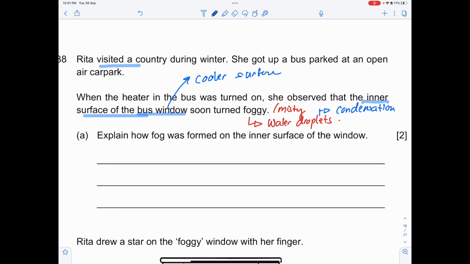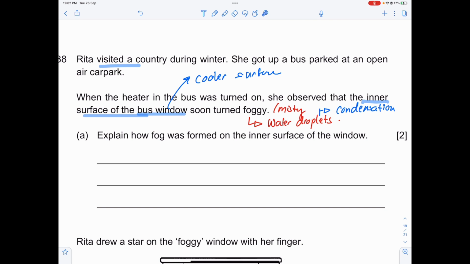The warmer water vapor cannot be on the outside, because it needs to be inside the bus in order to touch the cooler surface that is on the inside. So straight away, I know that the warmer water vapor came from the inside of the bus. And this tallies. Why? She said there is a heater in the bus, so the warmer water vapor must be in the bus as well.